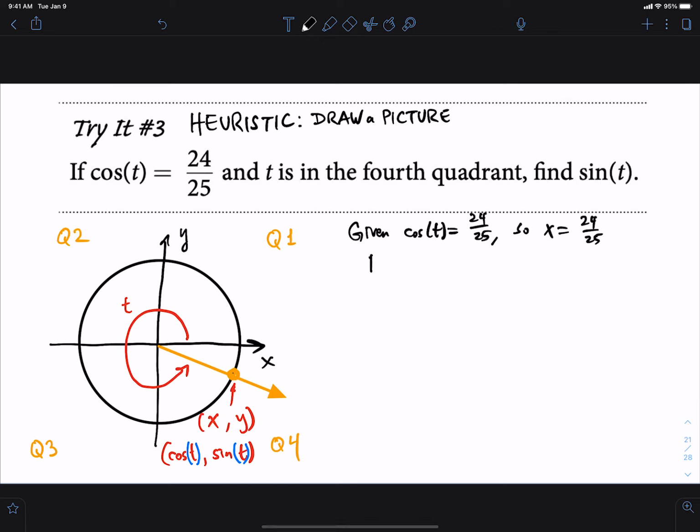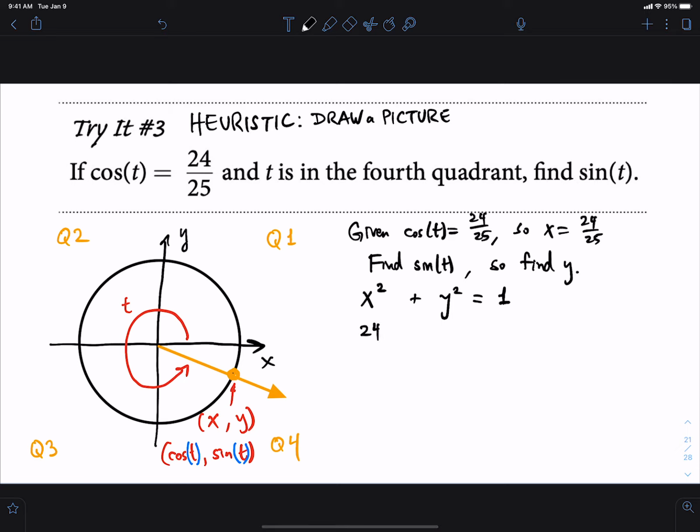And we want to find sine of t. So that really means find y, because y and sine of t are the same. And the key here is that the point is on the circle, so x squared plus y squared equals 1.